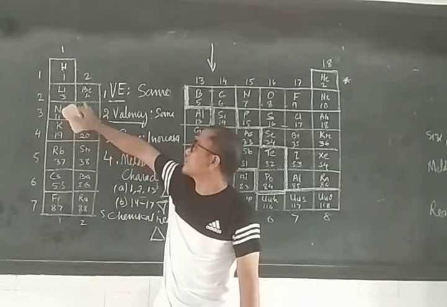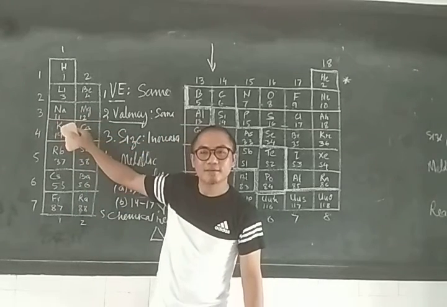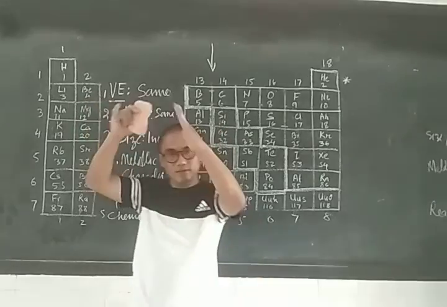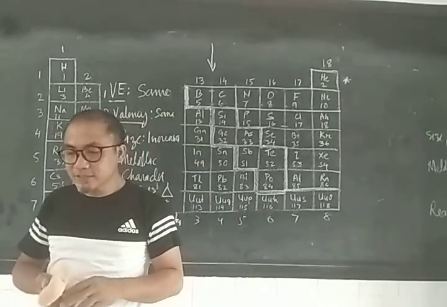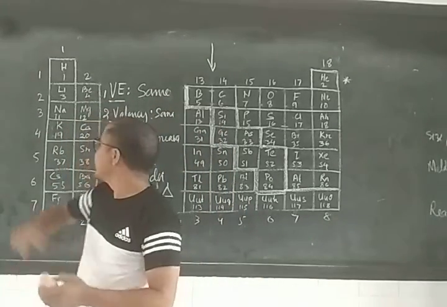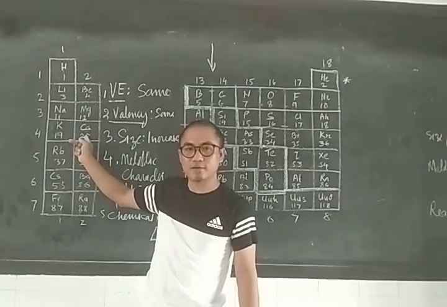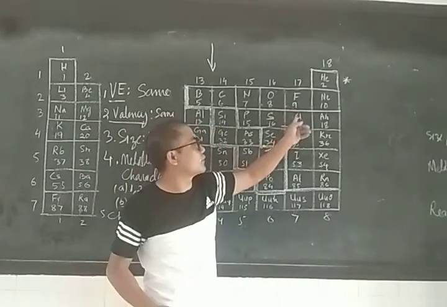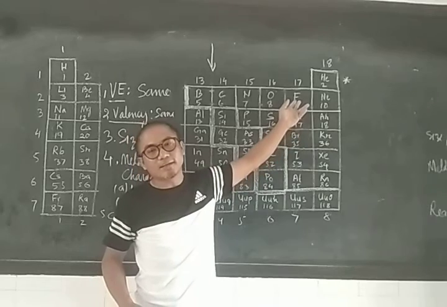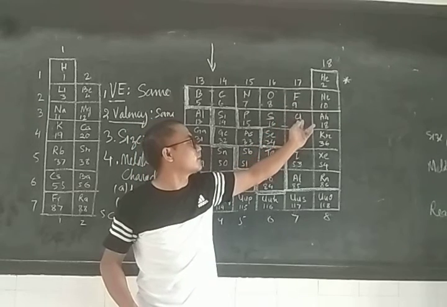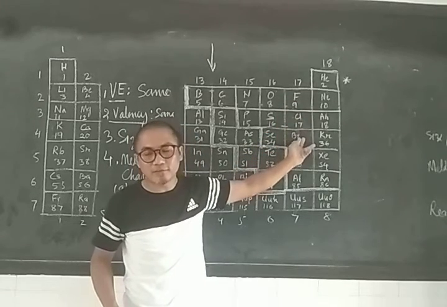Compared to magnesium and calcium, gradually it decreases. That means magnesium has higher, calcium has lower. And chlorine and fluorine, let's take an example. Fluorine has less, chlorine will have higher, and bromine will have higher.